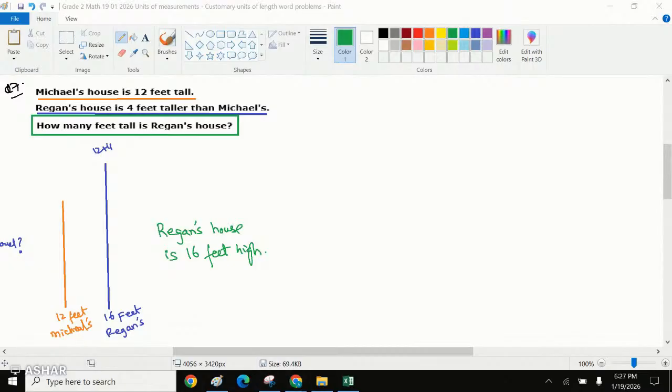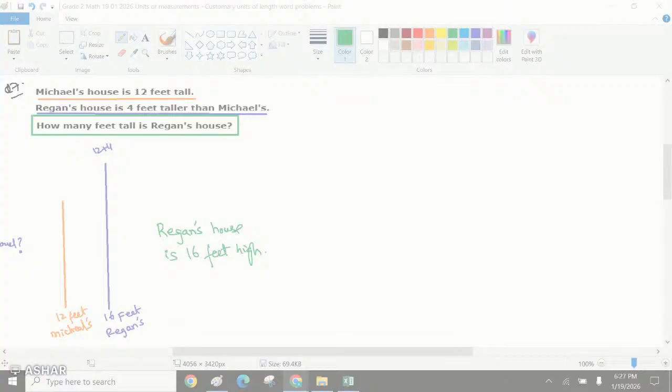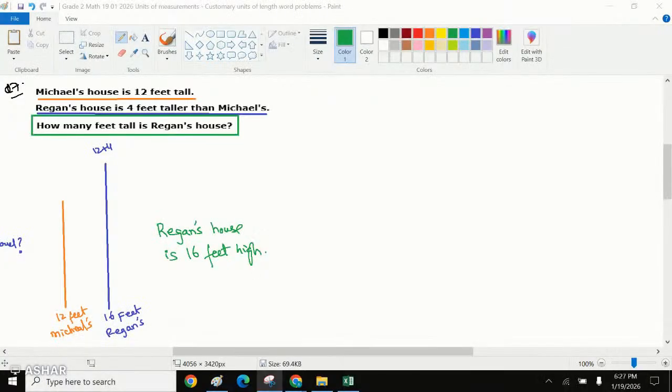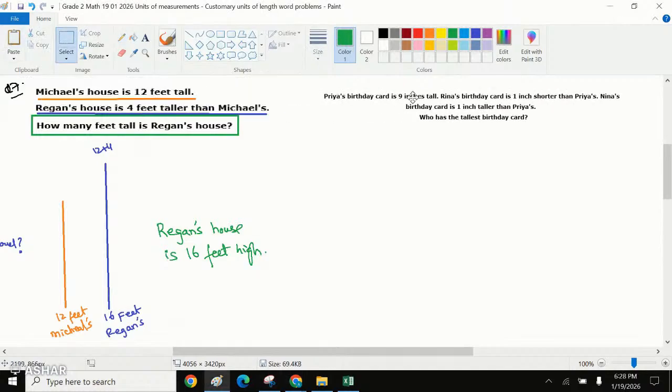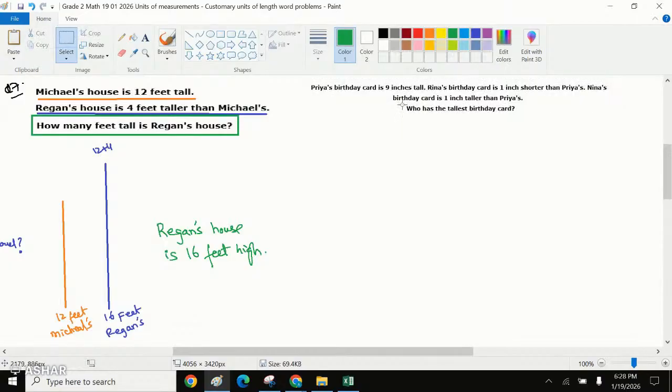Priya's birthday. Okay, you're talking about Priya's birthday cards. Okay, let's see. They are comparing birthday cards. Okay, Priya and Nina and Reena. Just a moment, please.